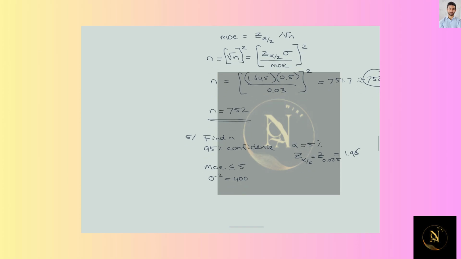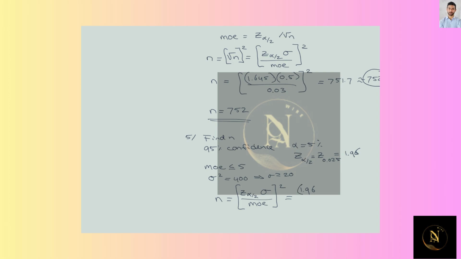Well, now we get n is z alpha over 2 times sigma divided by the margin of error, quantity squared, is going to be 1.96. If sigma squared is 400, then sigma is the square root of 400, which is 20.